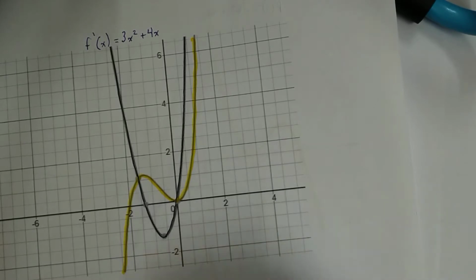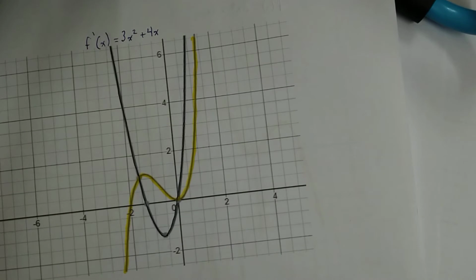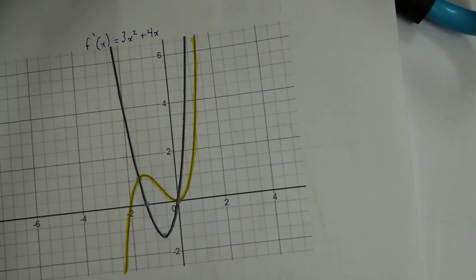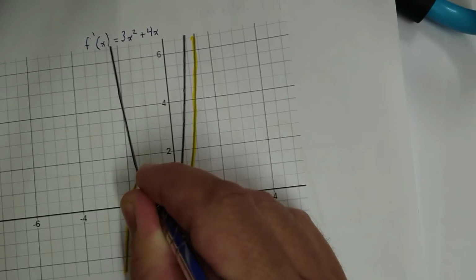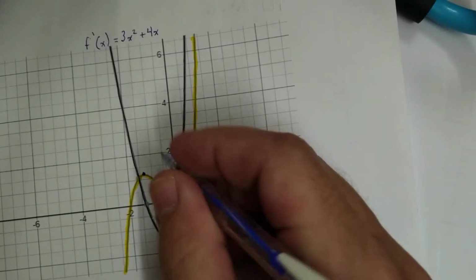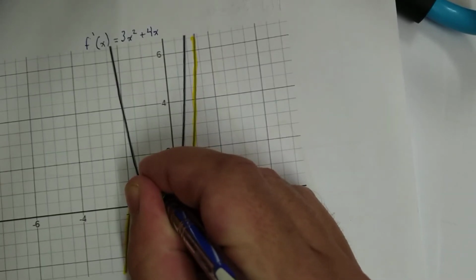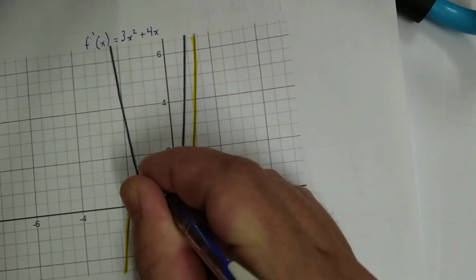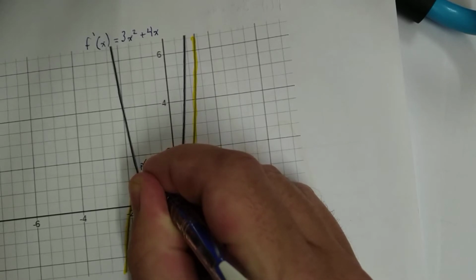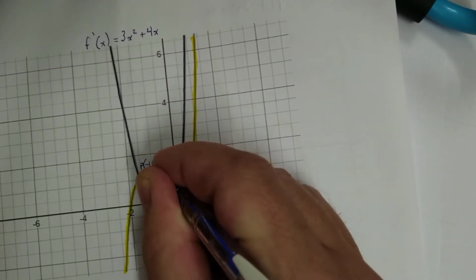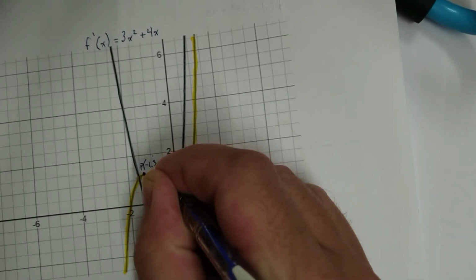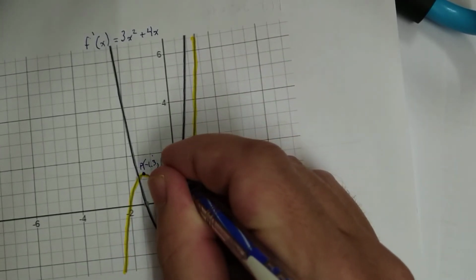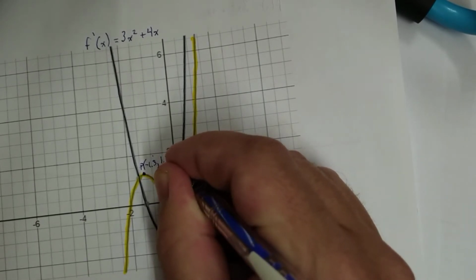What we're going to do at this point is look at our two stationary points. Now the stationary points are the local maximum and local minimum. So we have a local maximum right here. We're going to call this point P, and I just happen to know for a fact because I looked at Desmos that this is occurring at -1 1/3, so -1.3, and 1.185, which we're going to round to 1.2.